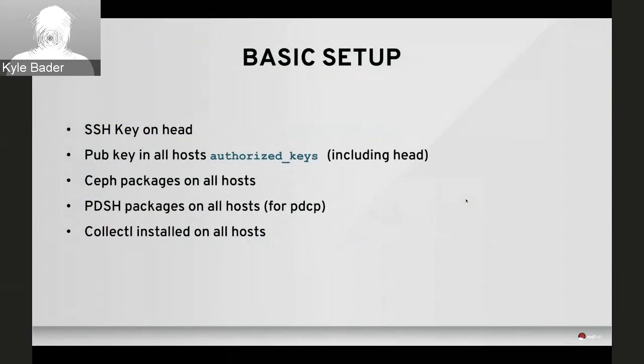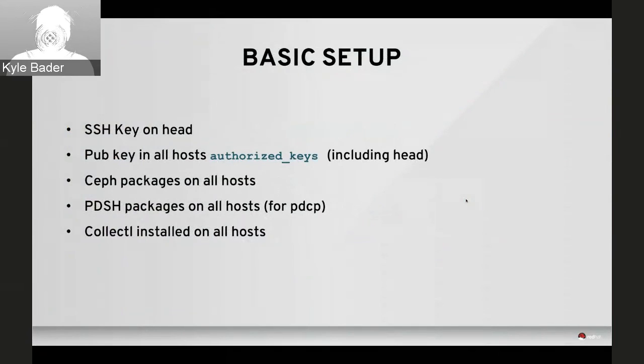You want the PDSH packages on all hosts. Not all distributions support these. In most of the Ubuntu or Debian-based distributions, I think it's just available in their regular repositories.